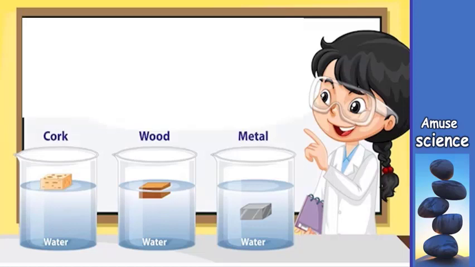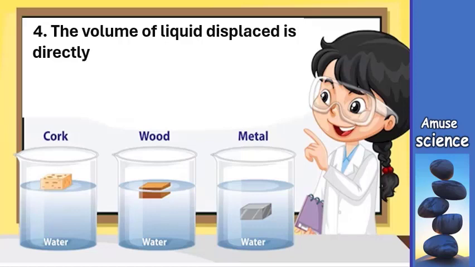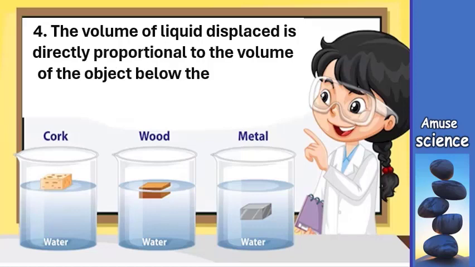And number 4, which is also very important, the volume of the liquid displaced is directly proportional to the volume of the object below the surface of the liquid. This means that as more of the volume of an object is below the surface of a liquid, the more volume of the liquid will be displaced.